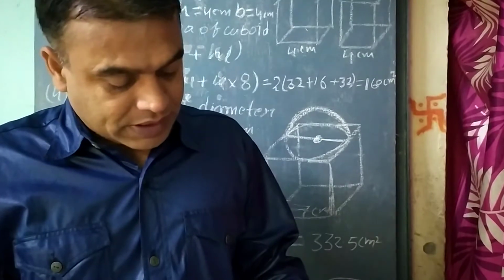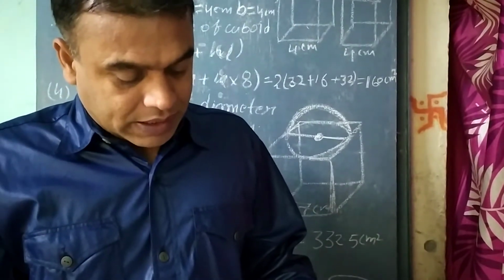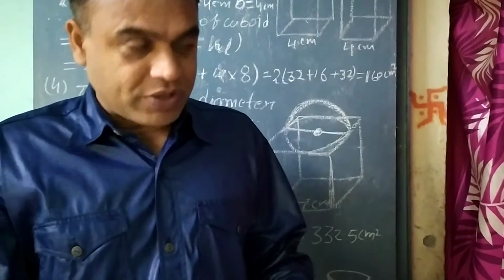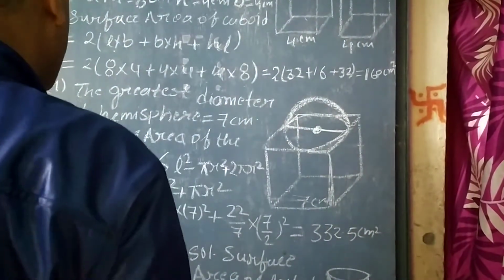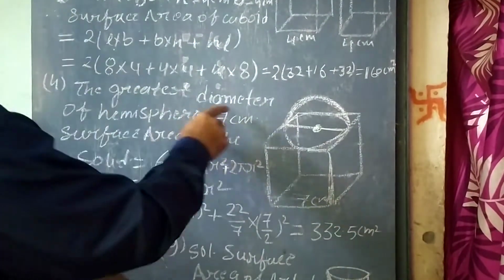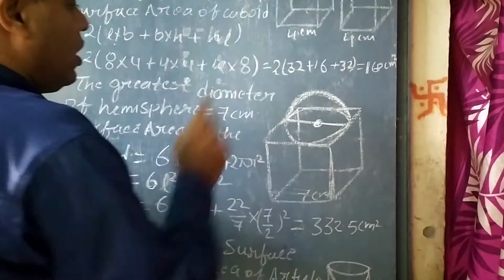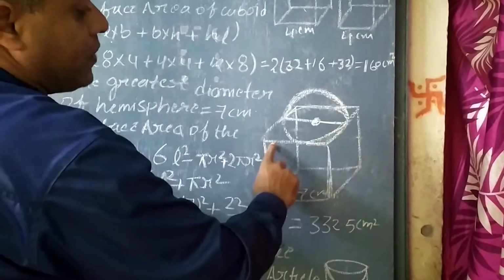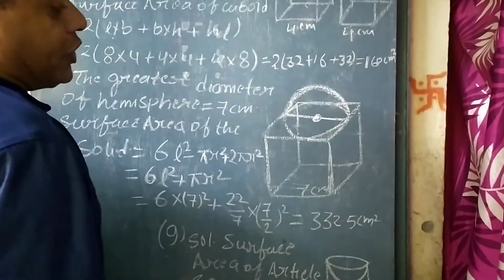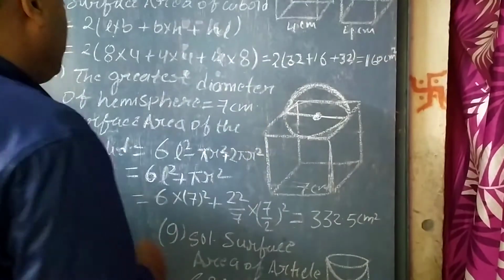What is the greatest diameter the hemisphere can have? Find the surface area of the solid. Here the greatest diameter will be 7 centimeter, the length of one side of the cube. So that will be 7 centimeter.